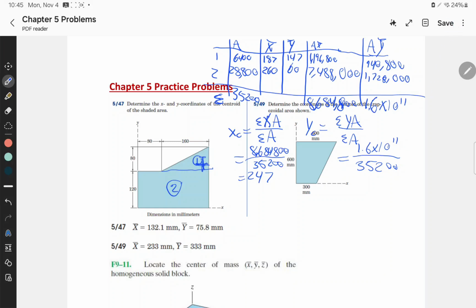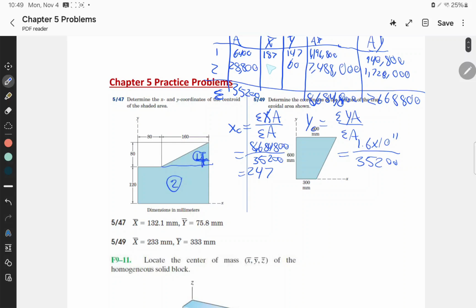35,200. Wait, I need to make a correction here. This is actually 2,000,000, 688,800. Damn, I actually made a lot of mistakes. So this is going to be 120, my bad. But you guys get the idea. It's going to be 3,000,000.